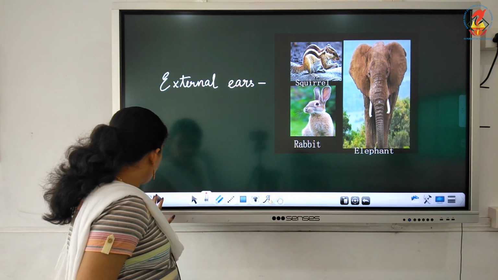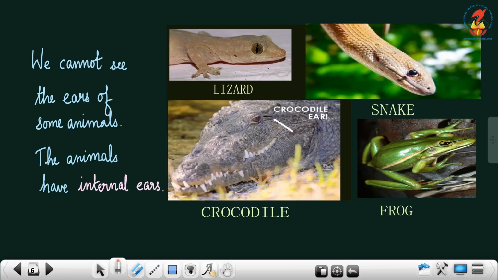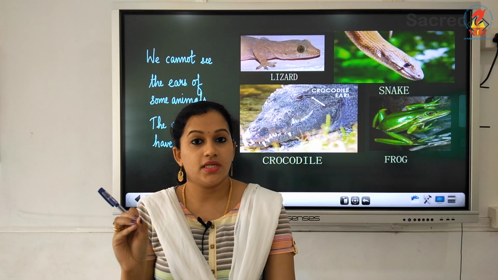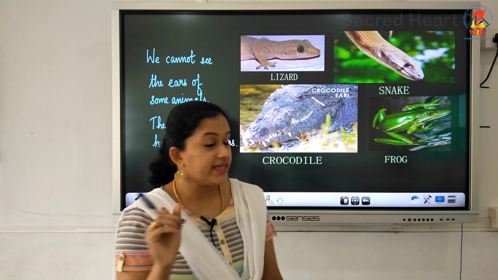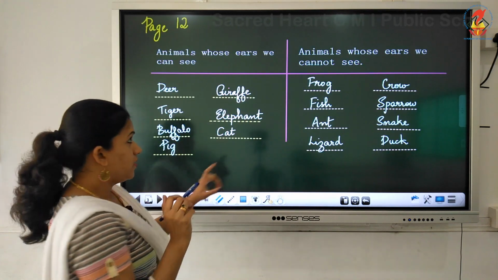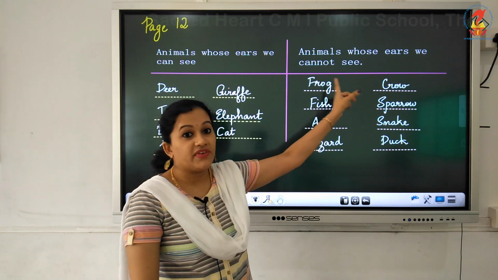Okay, now let us learn about some animals whose ears we cannot see. Ears are not visible. So, does it mean that they cannot hear? We already tabulated the names of some animals whose ears we cannot see.